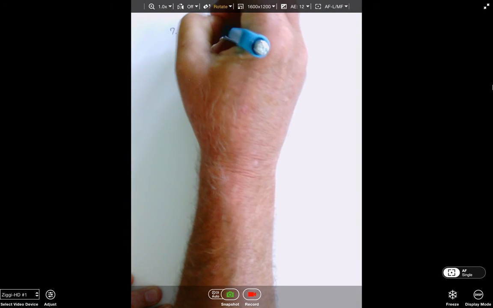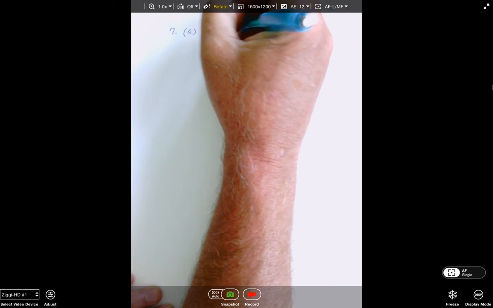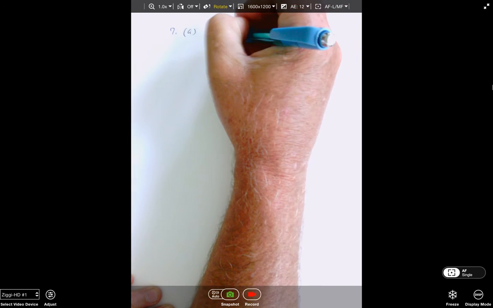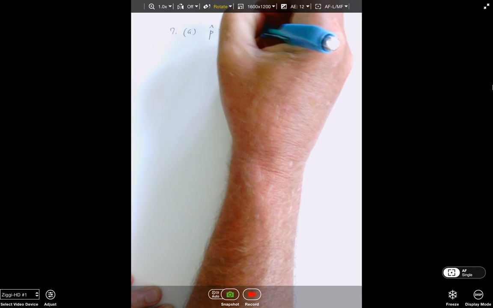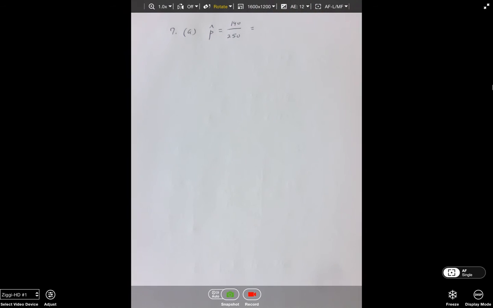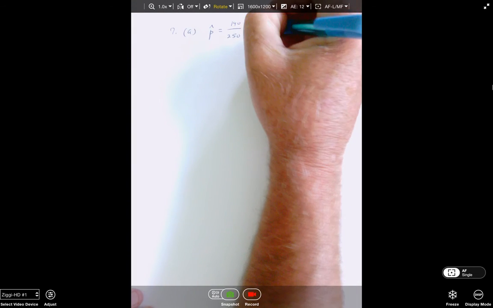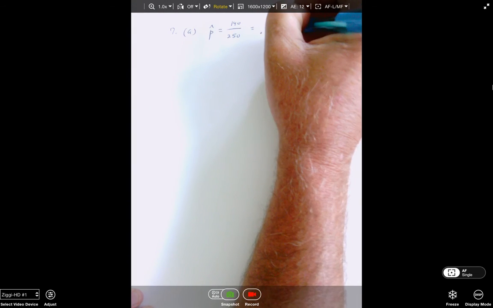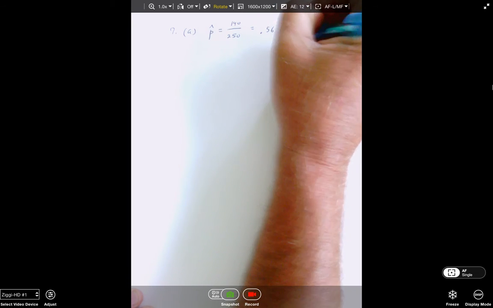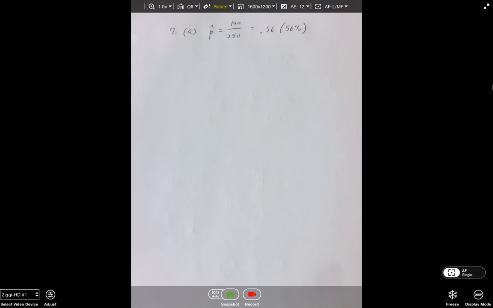So what's the value for p hat? Well, they got 140 out of 250. So we can use our calculator to see that it was 56%. 56% of the time it landed on heads.